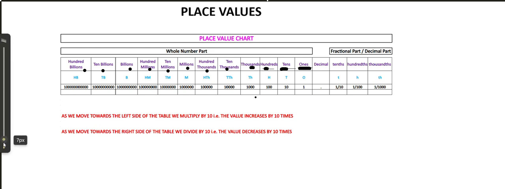So, what does the whole part say? The whole number part says that whatever number we have in the ones place does not have a 0 tagged along with it. It is just multiplied by 1 because it is in the ones place. As we move further to the left, the number is multiplied by 10.